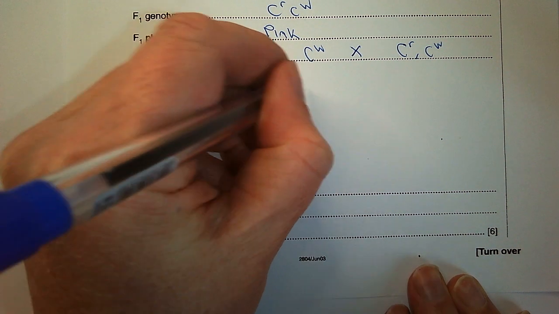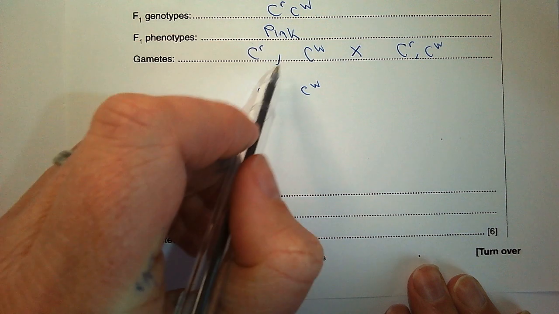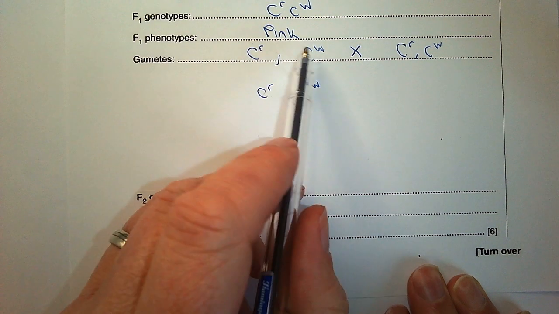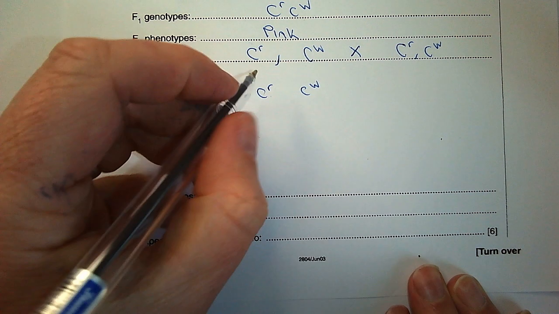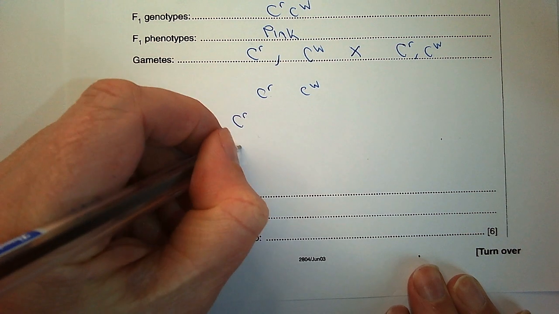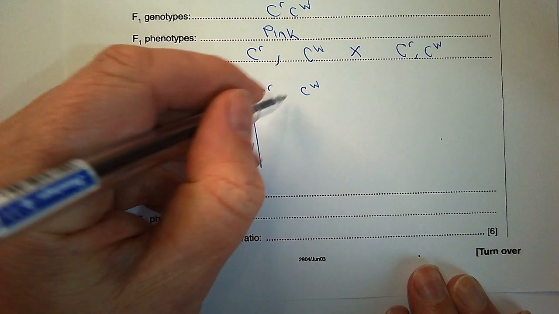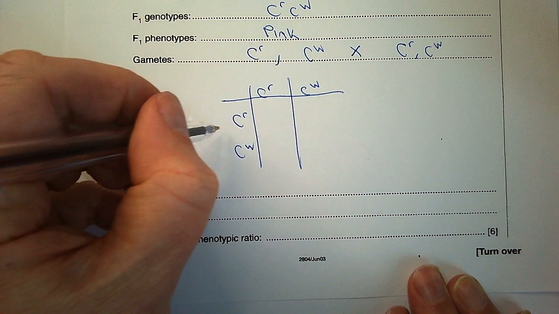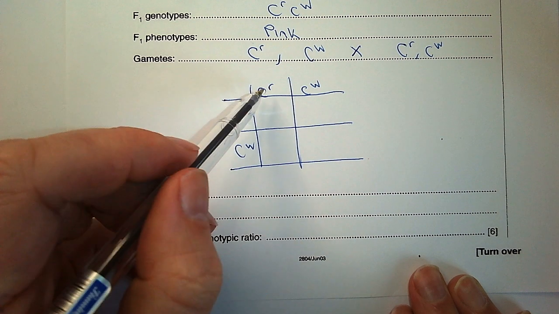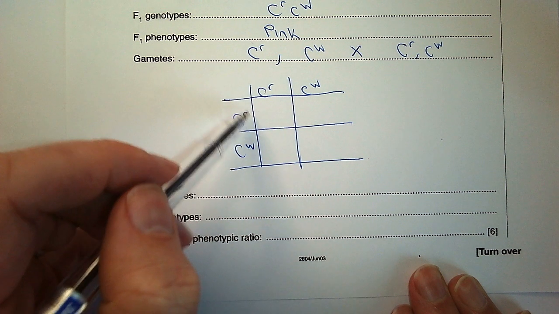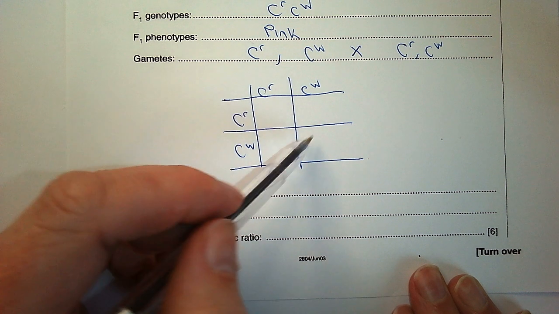Again, we produce a Punnett Square, so we take the gamete alleles and place them at the top for parent 1. Parent 2, we take the gamete alleles and put them down the side. We create a Punnett Square and we work out what the possible offspring genotypes would be.